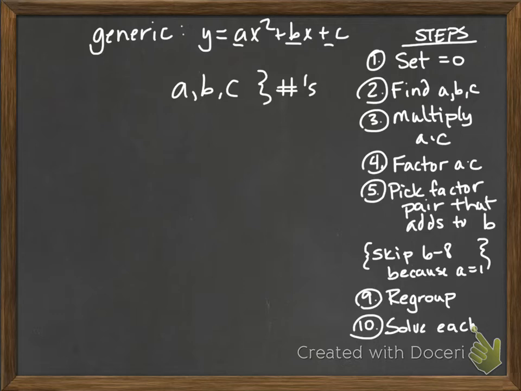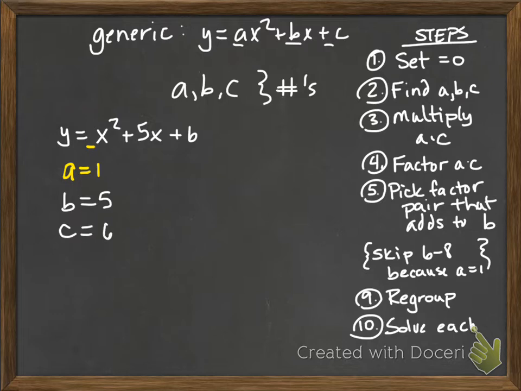Our example was y equals x squared plus 5x plus 6. We worked through that example in the last video, so I'm not going to go through it all in detail here. Basically, our a is 1, our b is 5, and our c is 6. On this one, it was easier to solve.